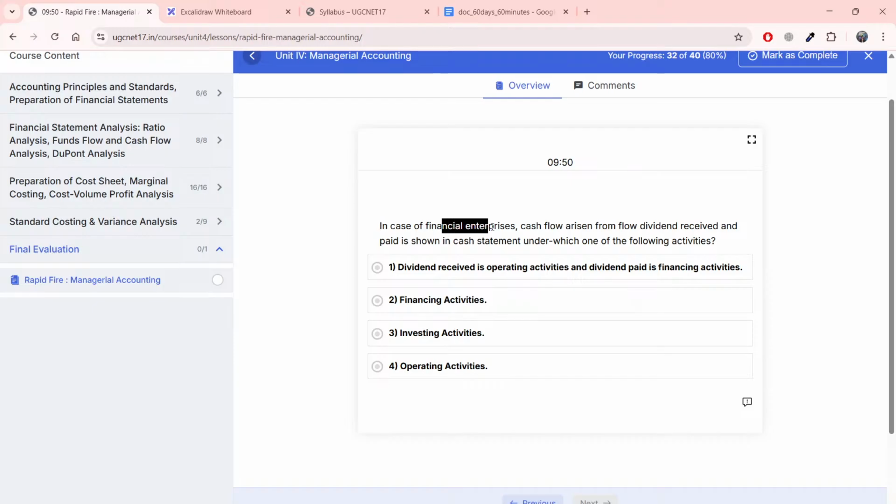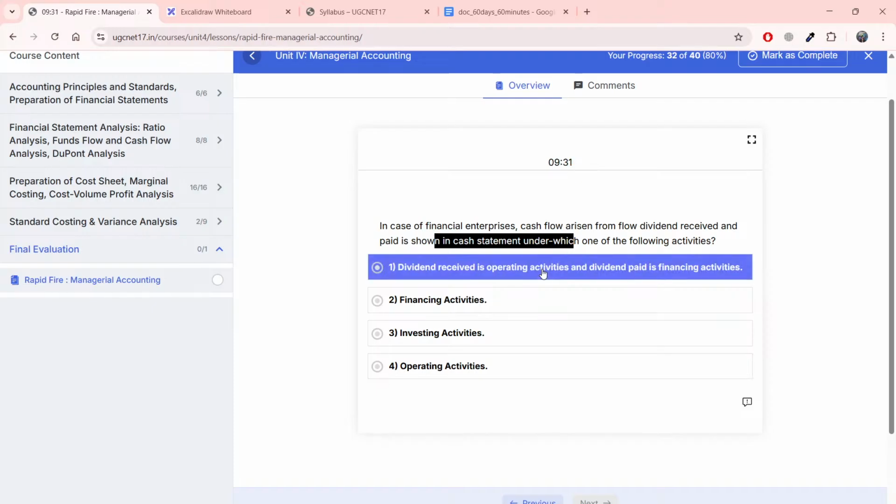In case of financial enterprises, cash flow arising from dividend received and paid is shown in the cash flow statement under which of the following? Dividend paid is financing activities.